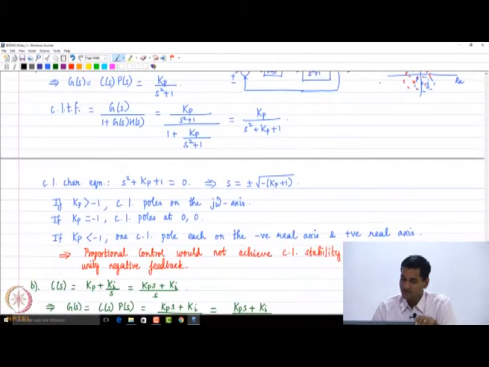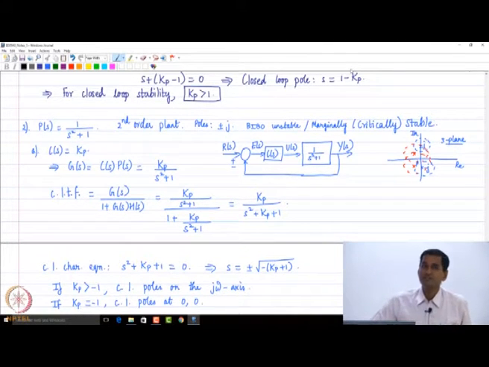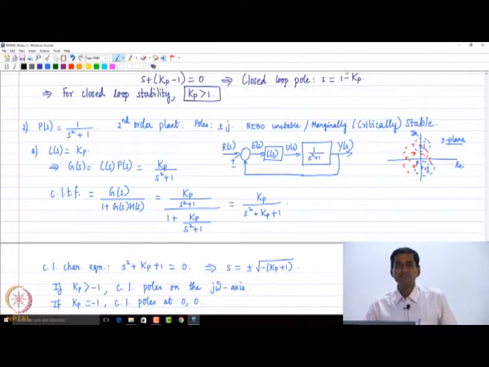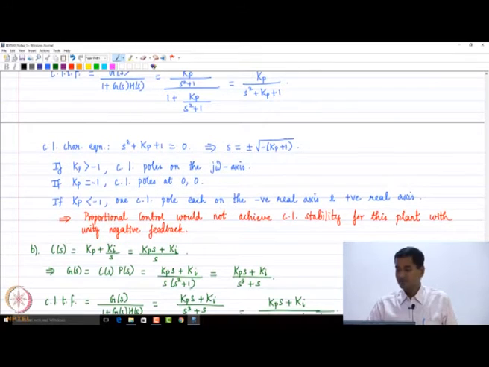I gave you a problem to do for the plant transfer function being 1 by s squared plus 1. We saw that it has a couple of poles on the imaginary axis at plus or minus j. So obviously, if we give an input like cos t or sin t, the output is going to become unbounded. So we wanted to design a unity negative feedback system, and we tried the proportional controller, and the proportional controller couldn't help us there.